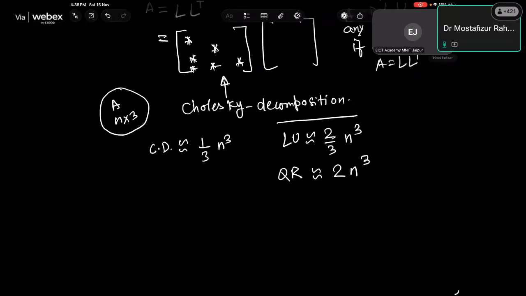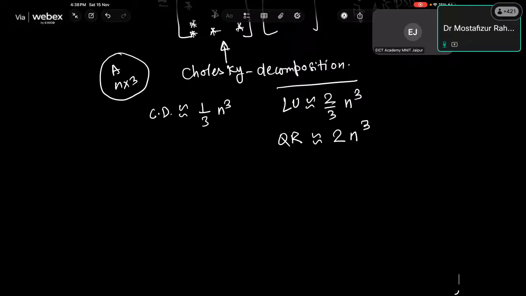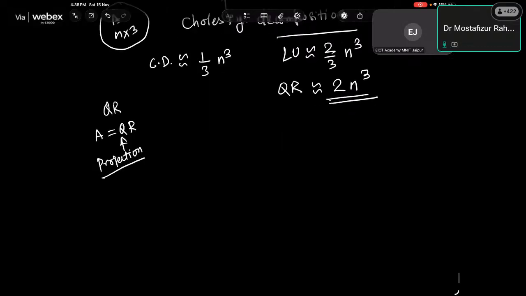Thank you. So for QR decomposition, there are also different ways to design the QR algorithm. QR algorithm means decomposing matrix A into one orthogonal matrix and one upper triangular matrix. This orthogonal matrix can be designed from A via a projection approach, which is standard, like the Gram-Schmidt method. With that approach, you have complexity 2 n to the power 3. But there is another method called the Householder approach, named after another mathematician.